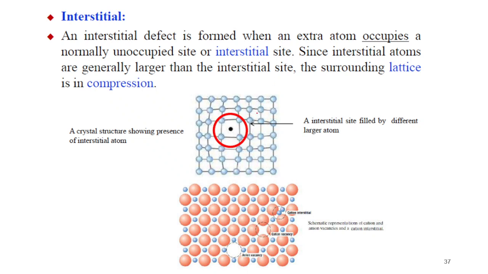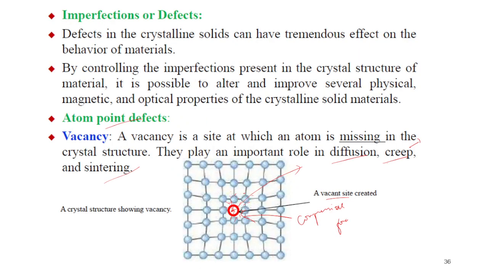If you have a bunch of atoms here, and suddenly some atom comes and sits in between the other atoms, say when we are adding a dopant or some extra atom, it will cause a repulsive force, because there are electrons here and there, and that will create what we call, sorry, here it is not a compressive force, it is a tensile force.